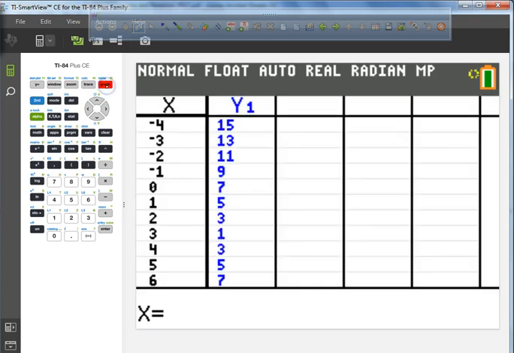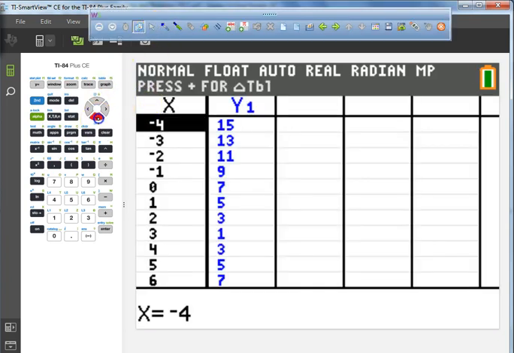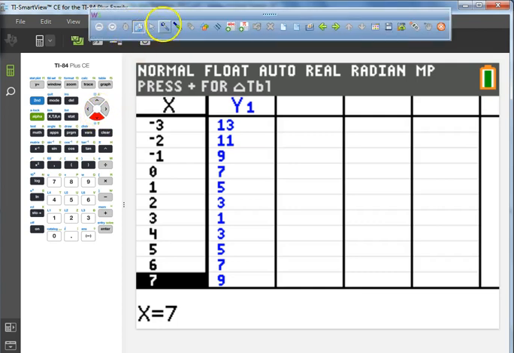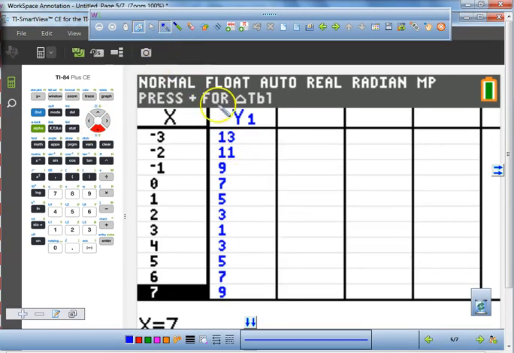If we check our table, there we go. If we check our table, when it's a 7, where is it actually at? It's actually at a 9, algebraically.